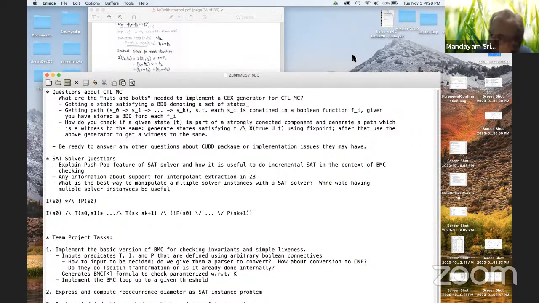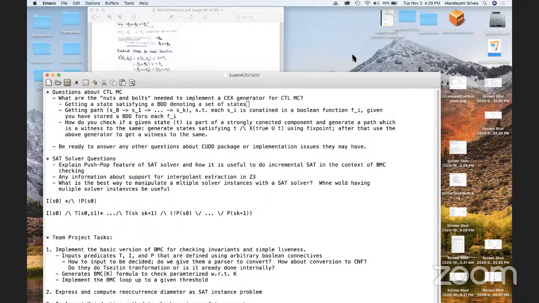If you take the intersection of I and not P, and if that is not false, you have a counterexample, correct? Why? Because your initial state itself is satisfying not P. Isn't that a counterexample for AG of P? Yeah.